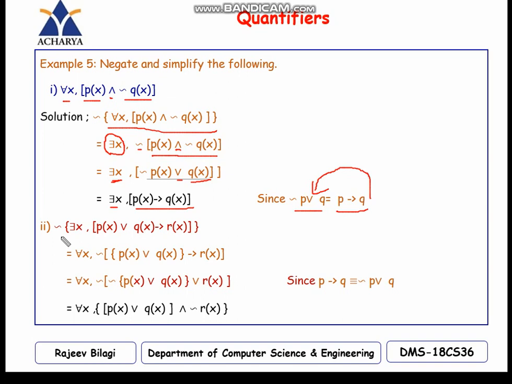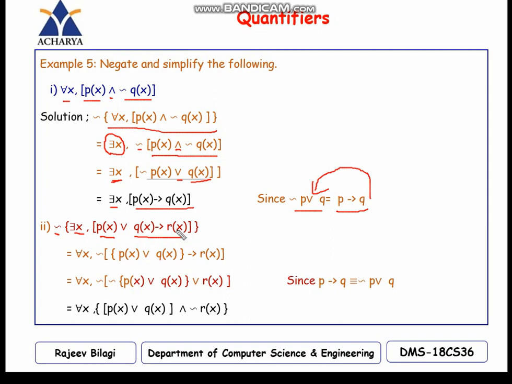Okay, so next, one more problem we are going to solve. Negation of, for some x, P of x, or inside this is P of x then R of x.